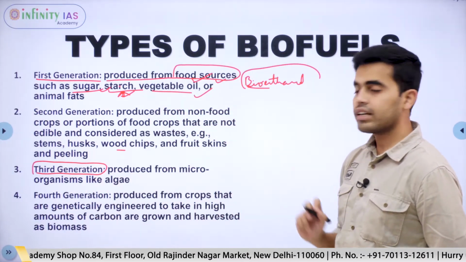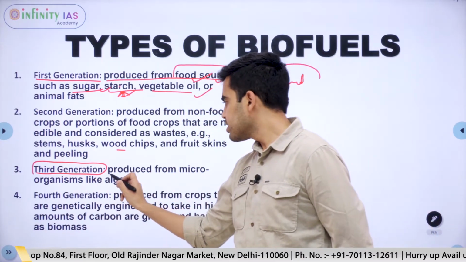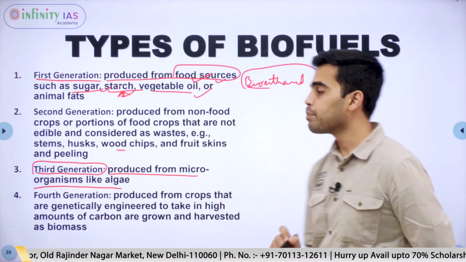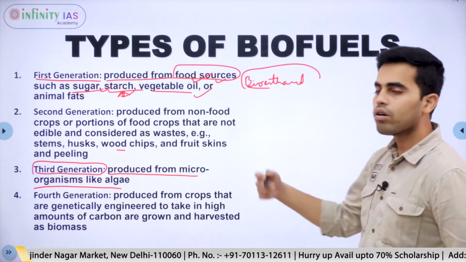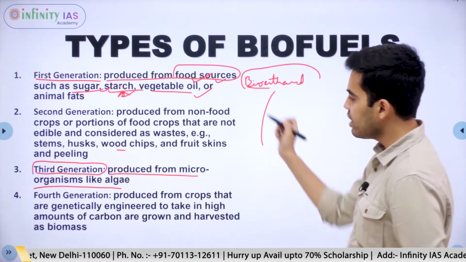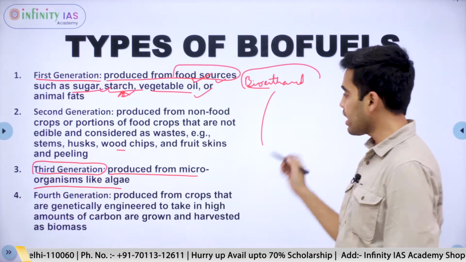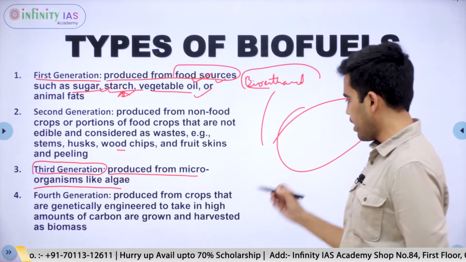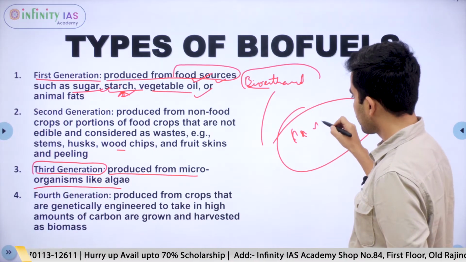So what are third generation biofuels? Third generation biofuels are produced from microorganisms like algae. Here there is no relation with any crops. We can take a small body of water and cultivate algae.